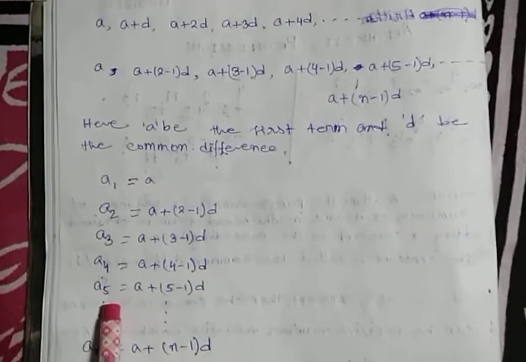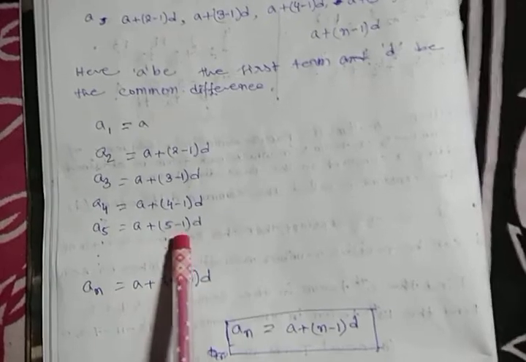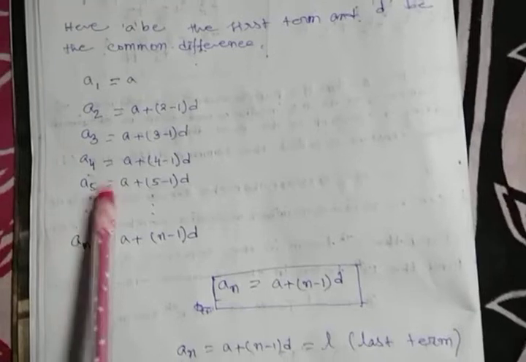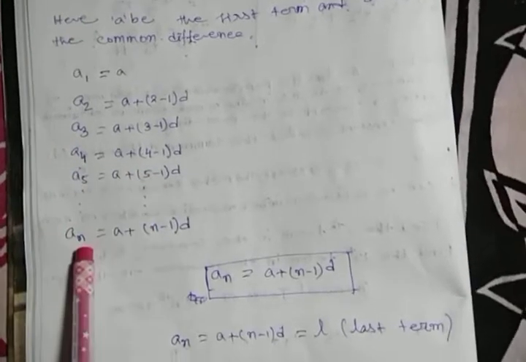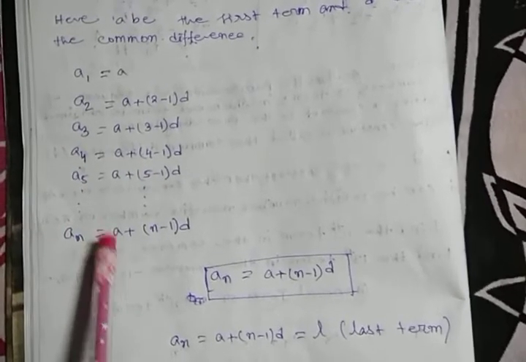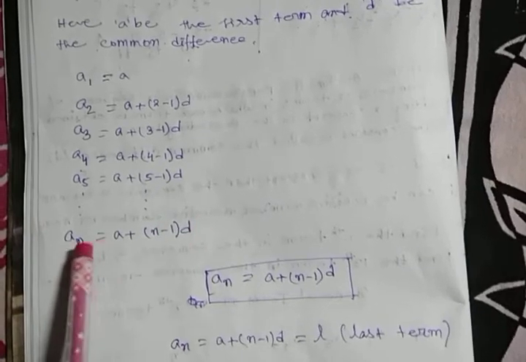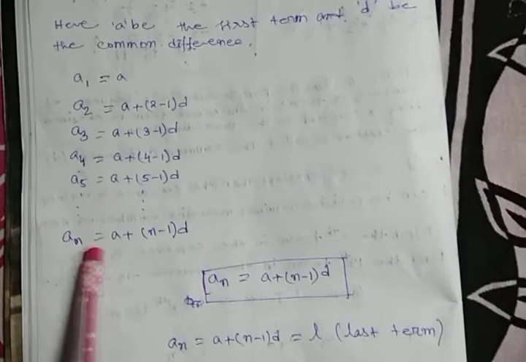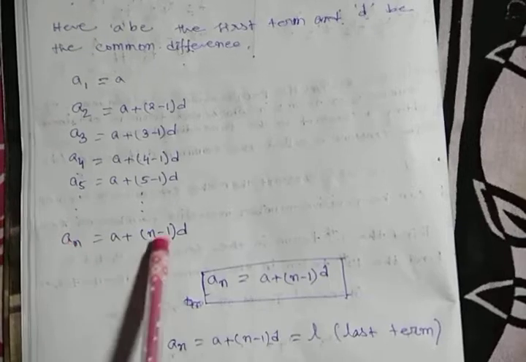Same way a5 is equal to a plus 5 minus 1 into d, that means a plus 4d. Same way, if we want to write the nth term, an equals a plus n minus 1 into d, that means we need to write one less than this n, so n minus 1.